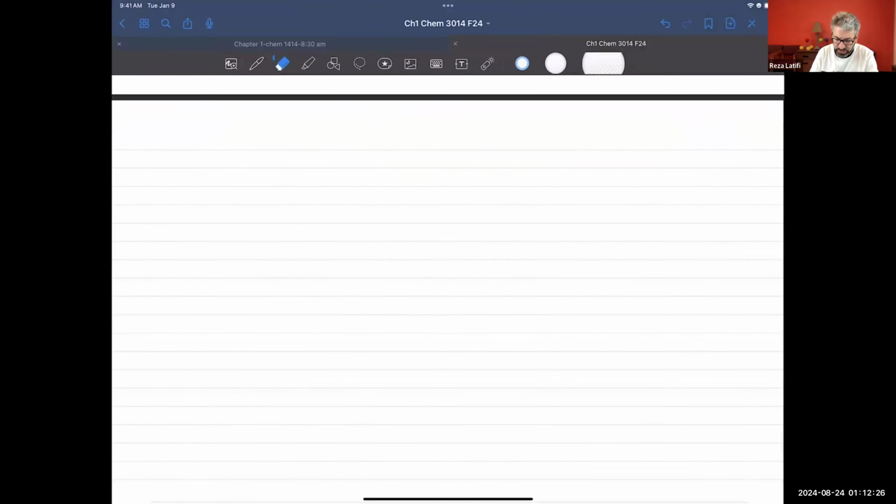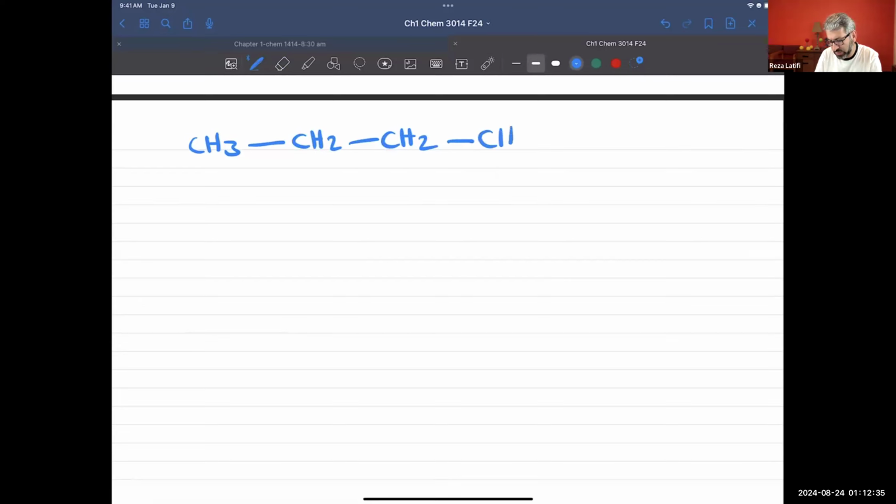The molecule we have is CH3, CH2, CH2, CH3. So I have 4 carbons, and I start from here, and go 2, 3, 4. The terminals represent CH3, and any carbon in the middle.